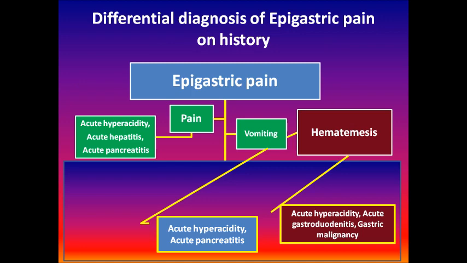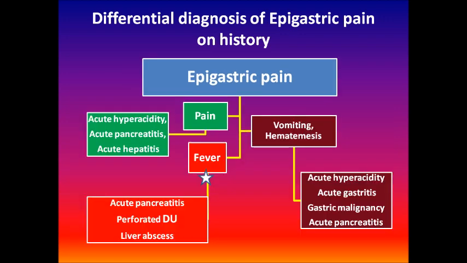In the differential diagnosis of epigastric pain on history, when there is only pain, you think of three conditions: the acute hyperacidity, acute pancreatitis, and acute hepatitis. Vomiting is a common accompaniment of pain in these conditions. If there is a history of hematemesis, you must consider the pathologies of the stomach, the acute hyperacidity, acute gastroduodenitis, and also gastric malignancy.